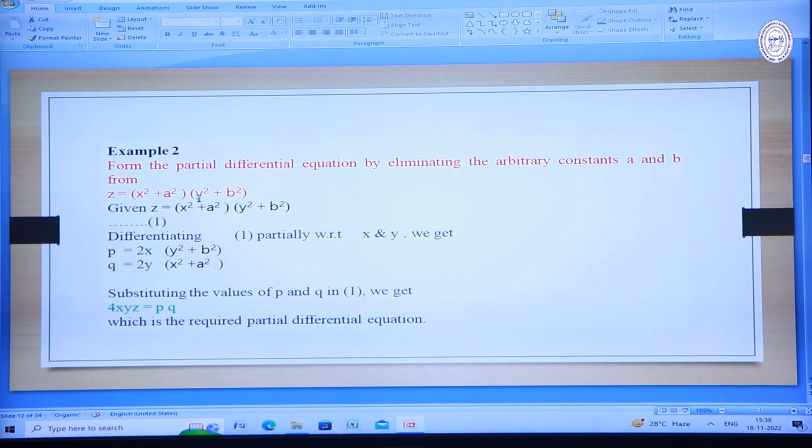To get a differential equation, differentiating this equation with respect to x and y, we get this, and putting the values of y square plus b square and x square plus a square in the given equation, we get 4xyz equal to pq, which is the required partial differential equation.